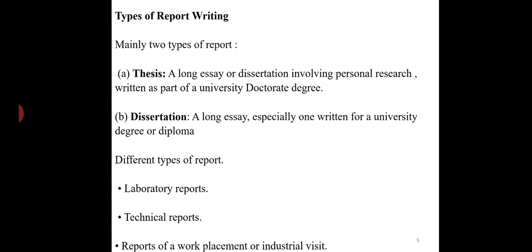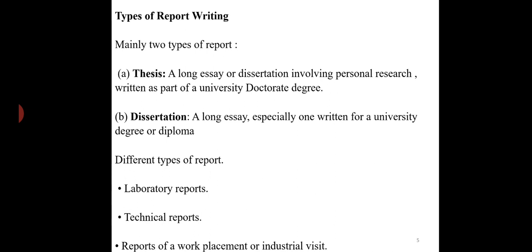So a thesis, in the sense, is a long essay that is prepared and submitted for the purpose of getting a doctorate degree. So that is known as thesis.